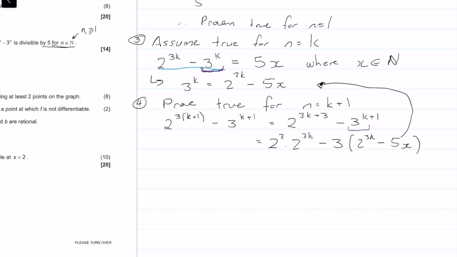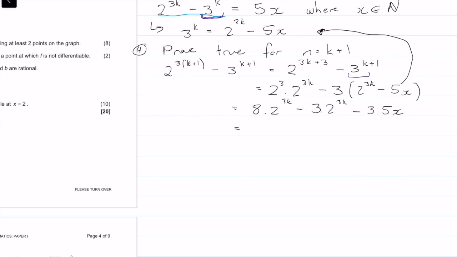Now I'm going to say that this is 8 times 2 to the 3k minus 3 times 2 to the 3k minus 3 times 5 times x, and then this simplifies to 5 times 2 to the 3k minus 5 times 3x.